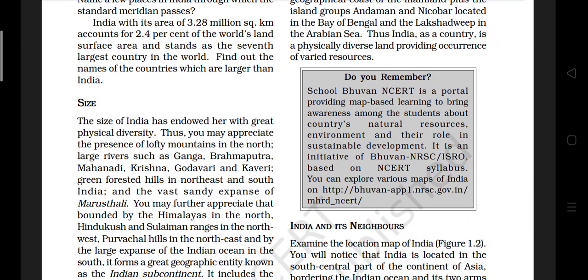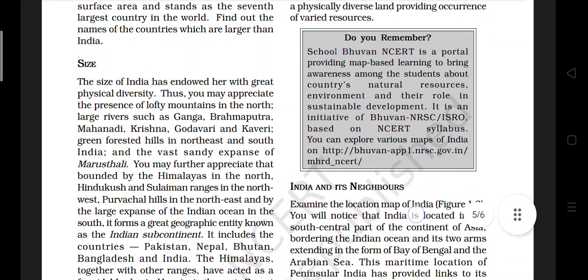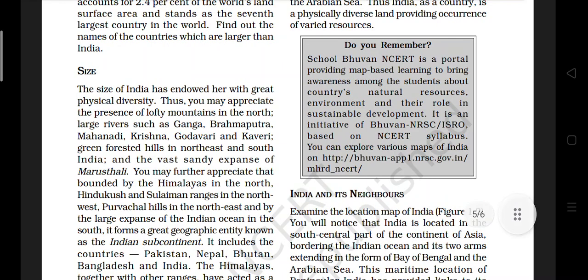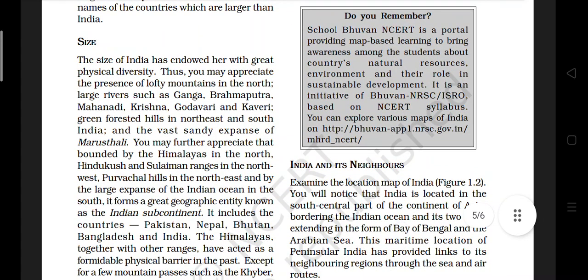India, with its area of 3.28 million square kilometers, accounts for 2.4% of the world's land surface area and stands as the seventh largest country in the world. Find out the names of the countries which are larger than India. Size.